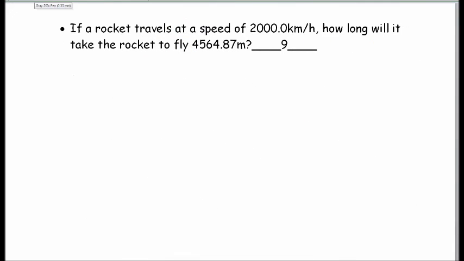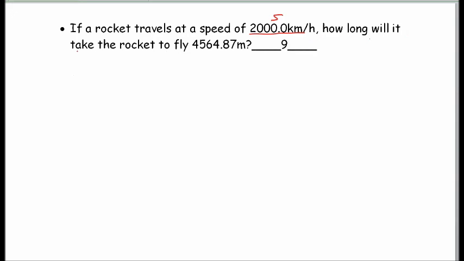Problem 9. If a rocket travels at a speed of 2000.0 kilometers per hour, how long will it take the rocket to fly 4,564.87 meters? Well, let's go ahead and look at the information the problem gives us. If a rocket travels at a speed of 2000.0 kilometers per hour, that is the speed.